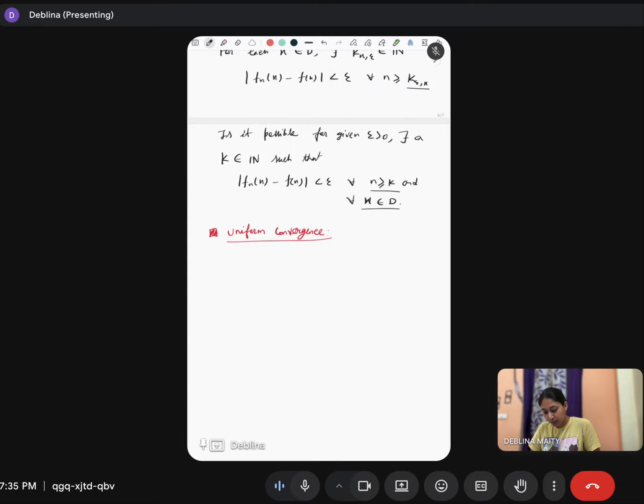What is uniform convergence? Let D be a subset of R, and for each n belonging to N, let fn be a function.